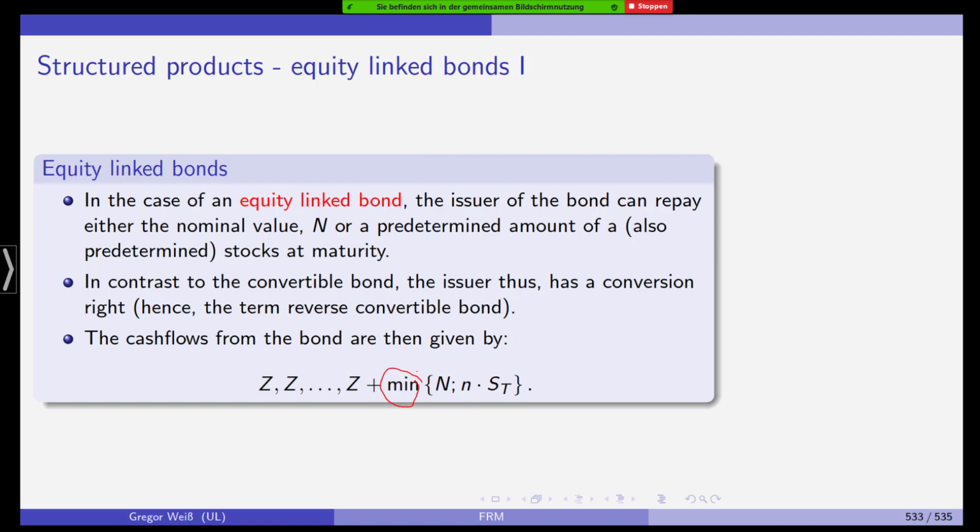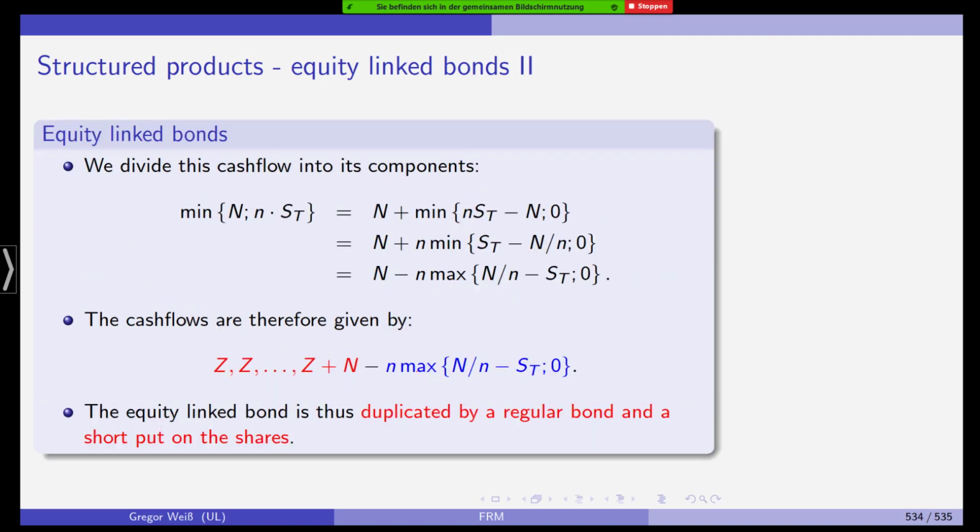And again, we can see that this is probably linked to a derivative, yes. We divide this cash flow into its components and we can see the minimum of N and N times ST is and so on and so on. So what we see is this is capital N minus N times the maximum of this.